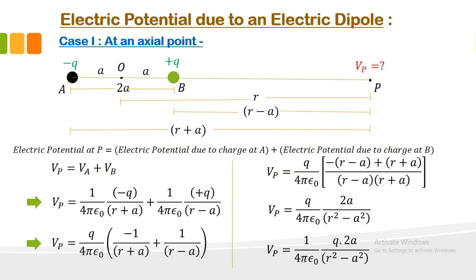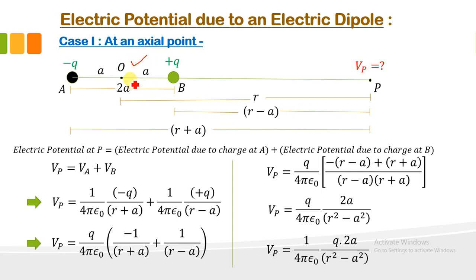Now this is electric potential due to an electric dipole. Dipole, you have the idea, right? Dipole means two equal and opposite charges separated by a distance 2a. It has a center O called the center of the dipole.